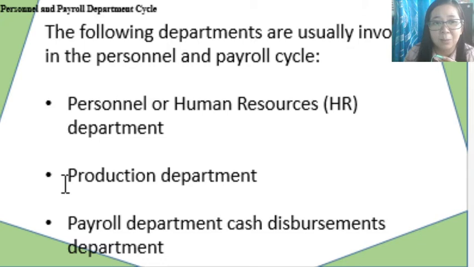Another department is the production department. This is where normally the employees render their services related to the production of the goods or the rendering of services to our customers. Another is the payroll, or cash disbursement department.